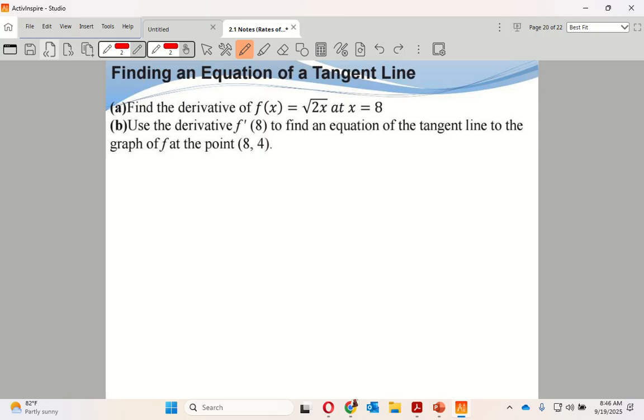Let's do f prime of 8 is equal to the limit as x approaches 8 of 2x minus, that's going to be 16, square root of 16 is 4, over x minus 8.